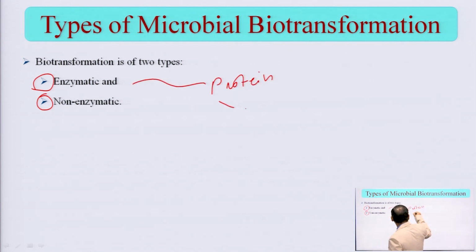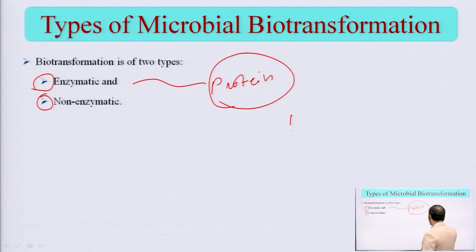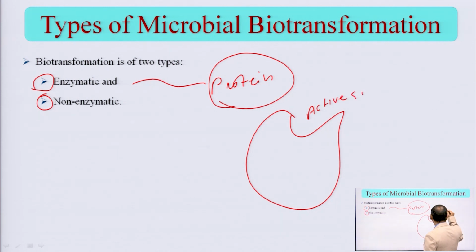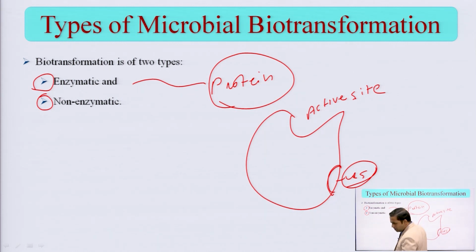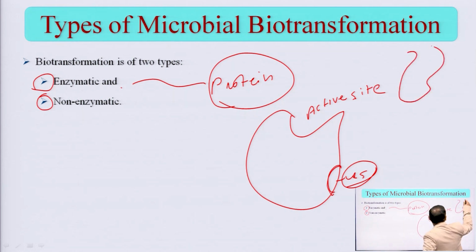Enzymes are proteins. In that protein, there will be some active site, and there are chances that there might be some allosteric site. Okay. So, this is up to you. When you design a project for biotransformation, you have to understand how these things are arranged. When you select an enzyme, you have to check the substance. For example, I have a substance like this.